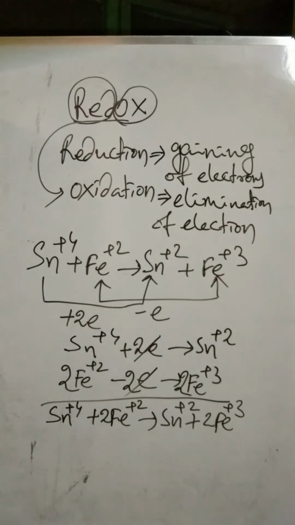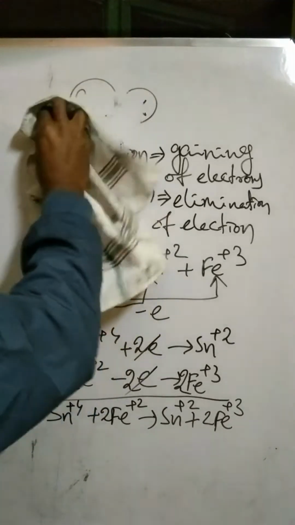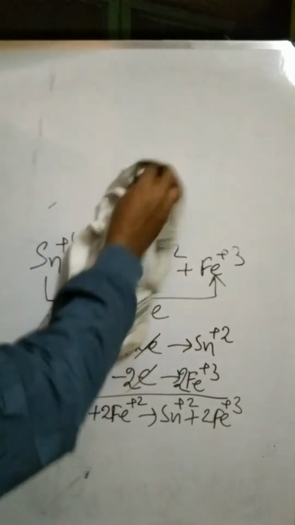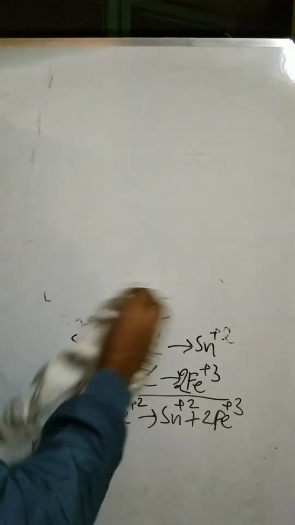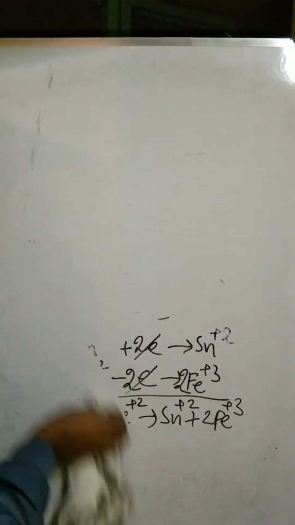Okay, now we will see the case of potassium dichromate. When potassium dichromate is treated with ferrous chloride solution in acid medium, what happens, and we will also balance that equation by the ion electron method.